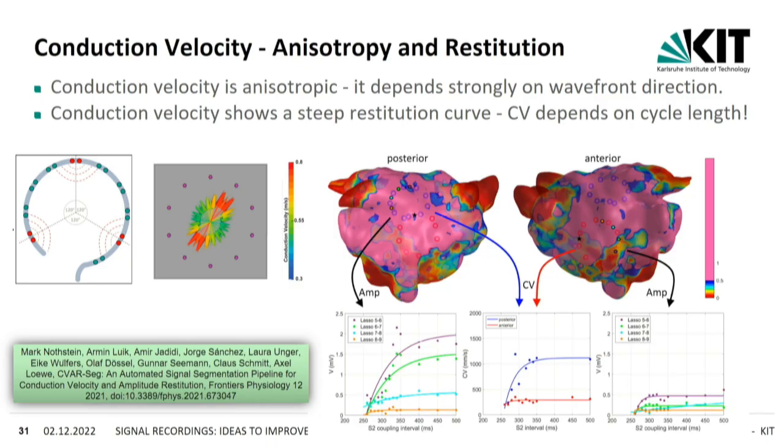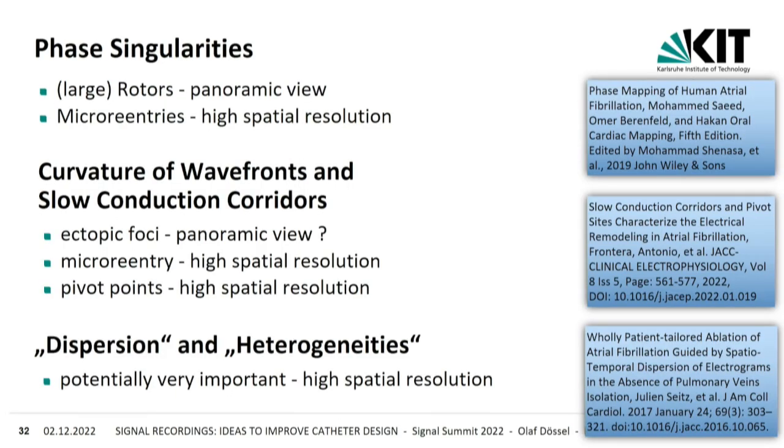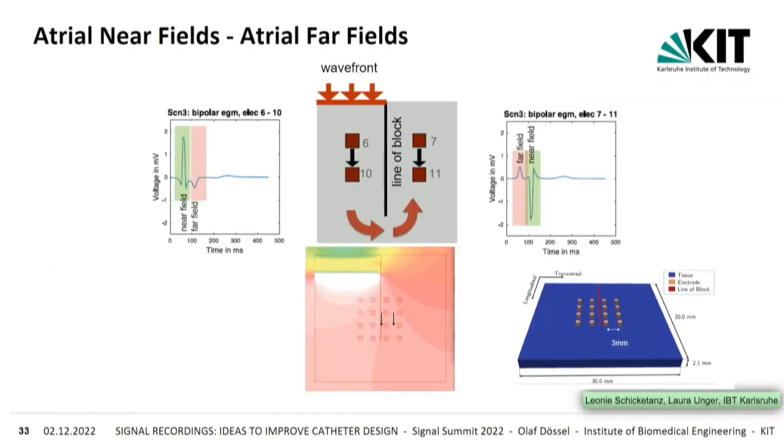So we also had this S1, S2 stimulus, and then we can really see with which interstimulus interval the conduction velocity goes down to 0, and the voltage becomes small. Well, so maybe I move on with this one.